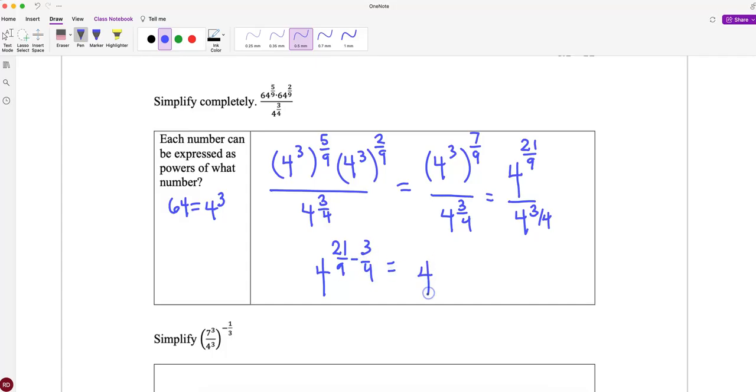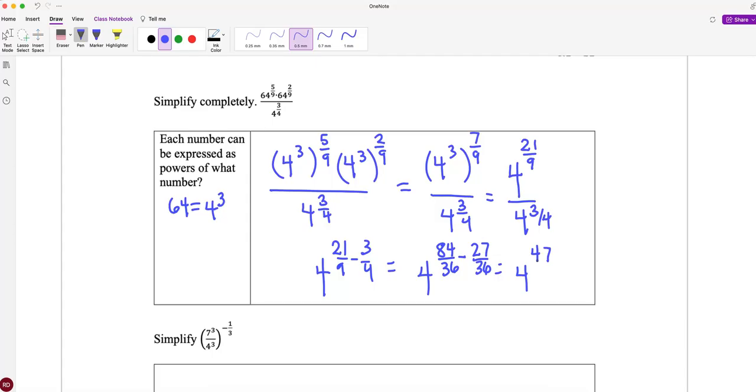Common denominator is 36. So I'm going to have 84 over 36 minus 27 over 36. Is that right? And so this gives me 4 to the 7.